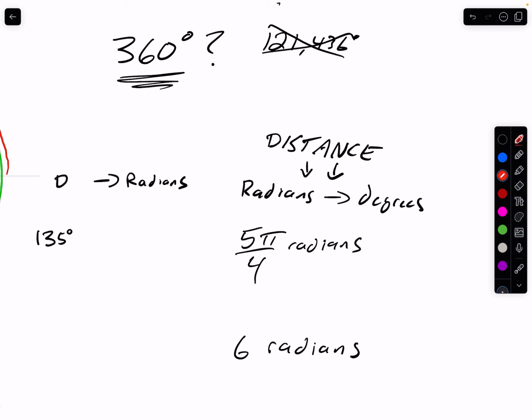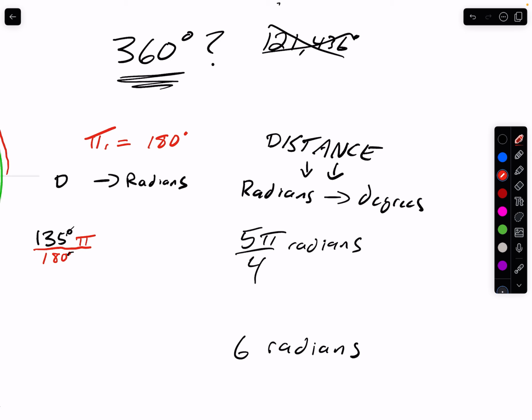Well, what do I know? Pi radians is equivalent to 180 degrees. So if I know that that's true, I can put a pi on the top and then a 180 on the bottom. And now the degrees are going to cancel out, and we're going to be left with radians.